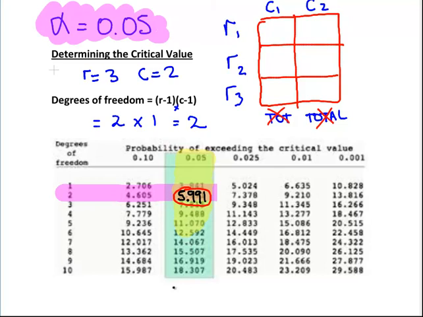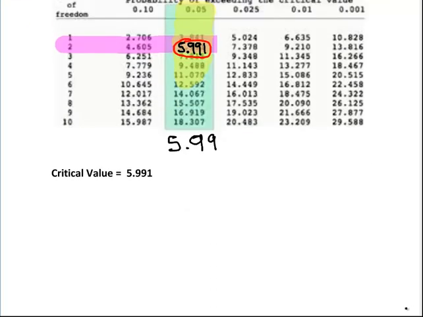Some other books might just give you 2 decimal places, so it might be 5.99 in other books or other tables. Anyway, the critical value we're looking for is 5.991.